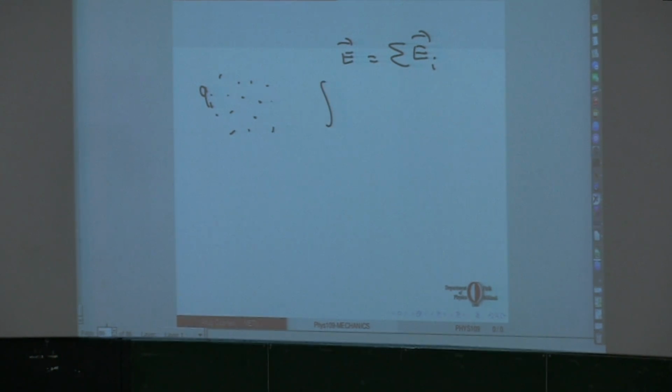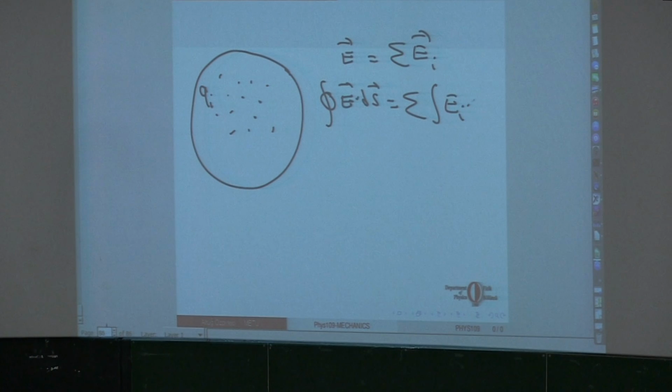If I consider any closed surface around them of any shape, E dot ds would be equal to the sum of Ei dot ds. But we had already seen that for each point charge, this Ei dot ds is nothing but Q over epsilon 0.